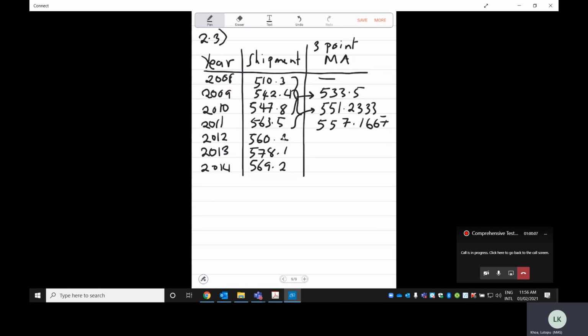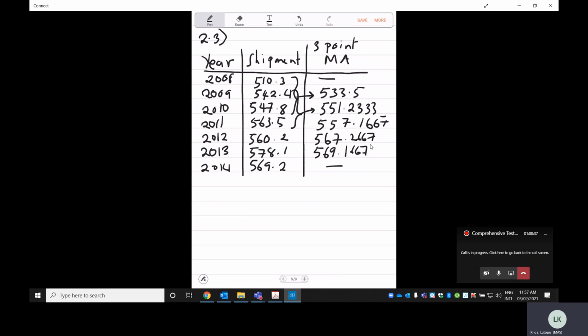Then the next one, we have this one, that one, and that one. Answer will go over here. So it's 567.2667. Then the next one, this plus this goes here. 569.1667, and then the last one does not have a point because you don't have a value over here.